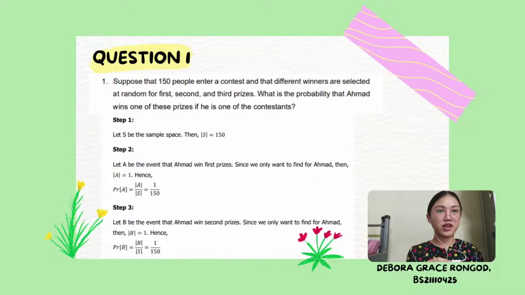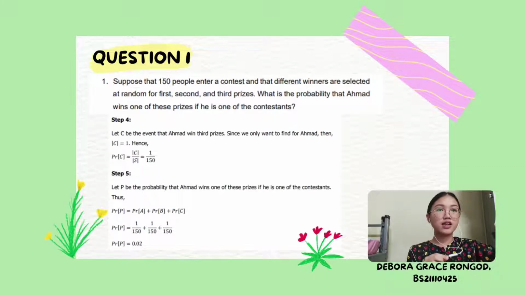Then we will let A be the event that Ahmad wins first prize, B be the event that Ahmad wins second prize, and C be the event that Ahmad wins third prize. Since we only want to find for Ahmad, the cardinality of A, B, and C is equal to 1.